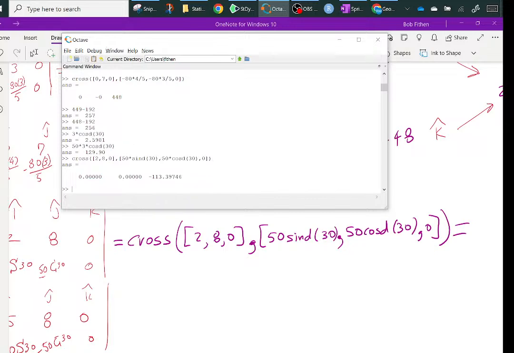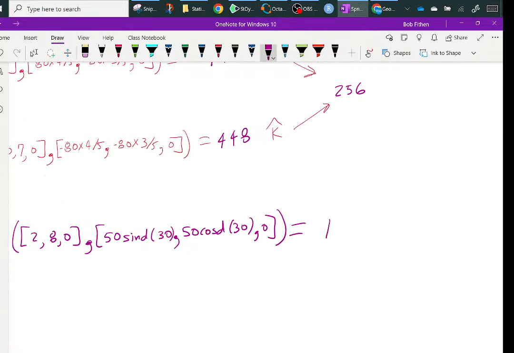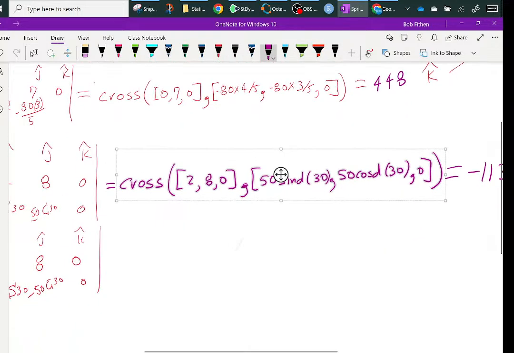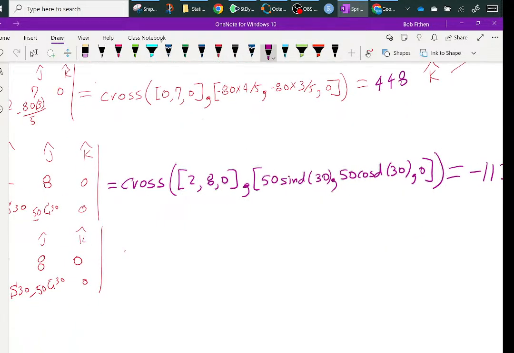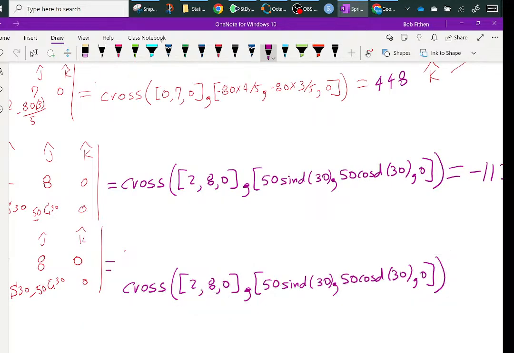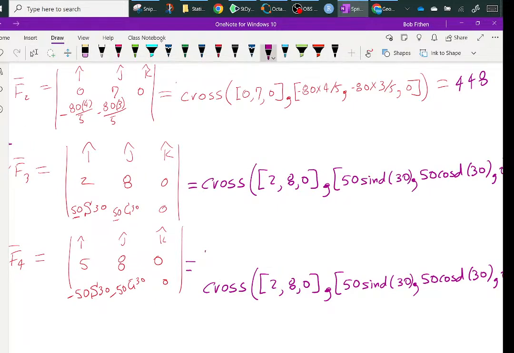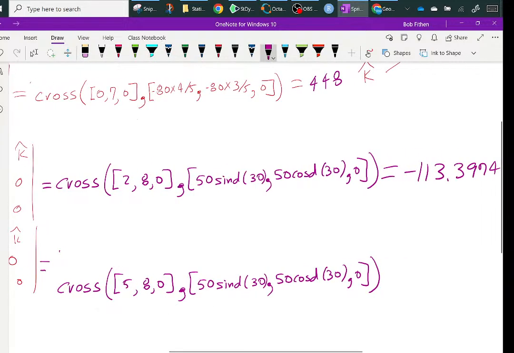Okay, minus 1339.113... 39746. I don't need that many digits, but now I'll take the same thing, copy, put it right here, and hey, wait a minute. Okay, yeah, 2, and then a 5, and then a minus.